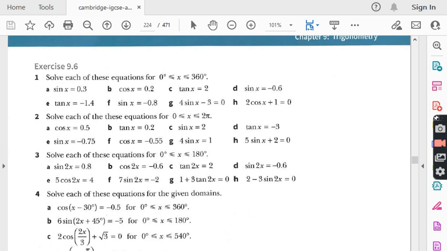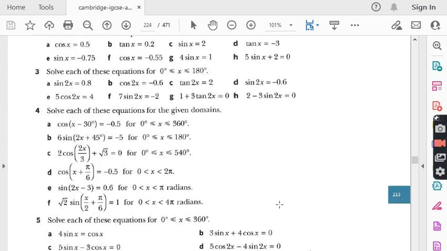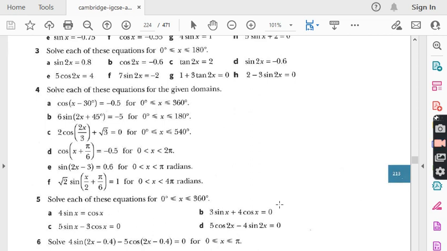Today we are going to do a very important question, question number 4 of this exercise, important for information and important from the examination point of view as well. These kinds of questions can come in your final exam, that is the O level exam.